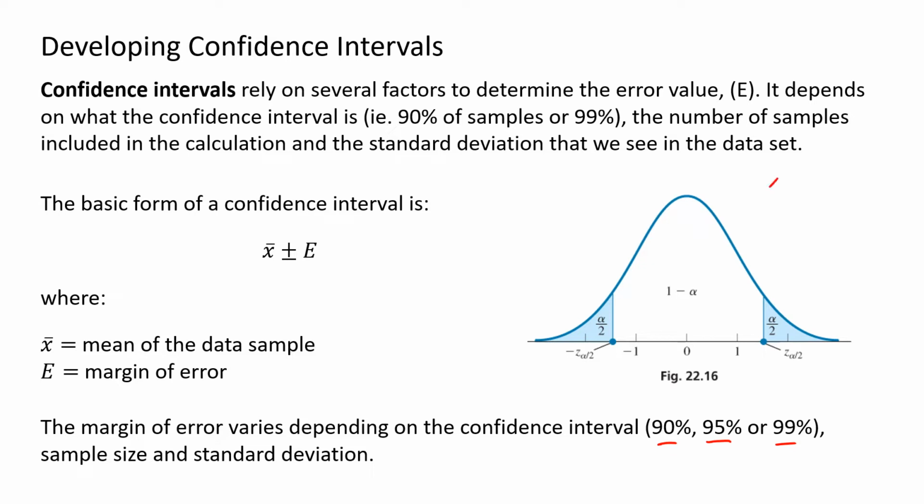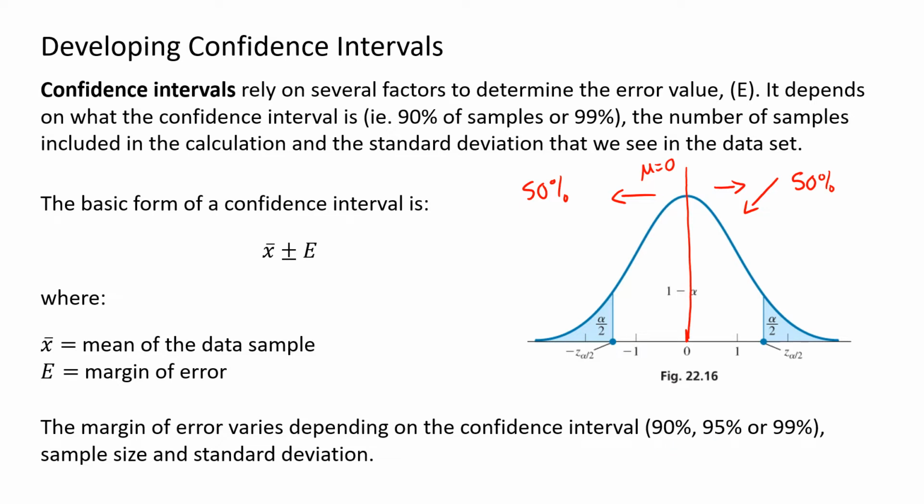So here we have a normal distribution. And if you remember, the normal distribution here is showing that the mean, right at the center, is 0. And it was symmetric on either side. So the left-hand side made up 50% of the samples, and the right-hand side made up 50% of the samples.